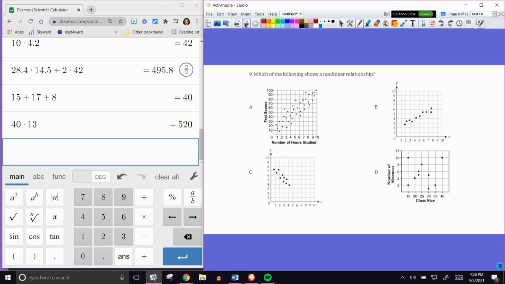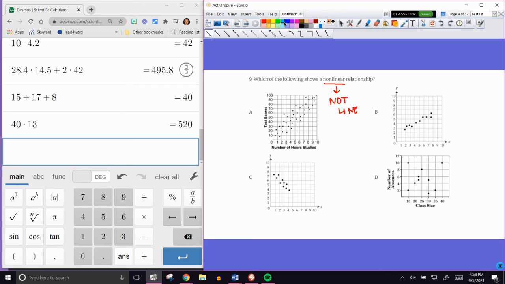Moving on to number 9. Which of the following shows a non-linear? Non means not, linear means line. So I want the one that does not look like a line. Now, if I could draw a line, it would go through these dots. So A is linear.